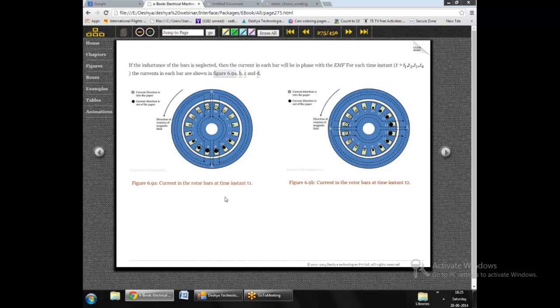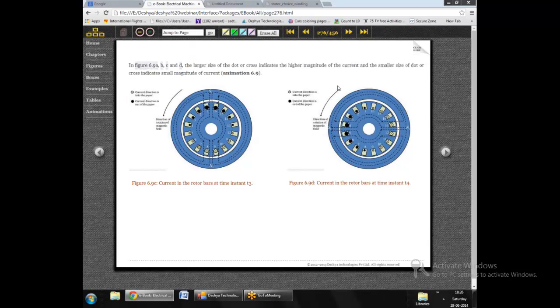The magnitude of the current changes because each bar links a different magnitude of flux at different instants of time. As a result, it produces different magnitudes of EMF at different instants of time, and hence the current in each bar is different at different instants of time.